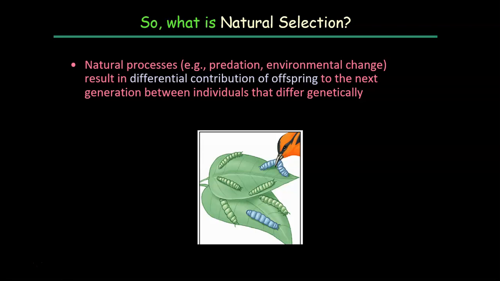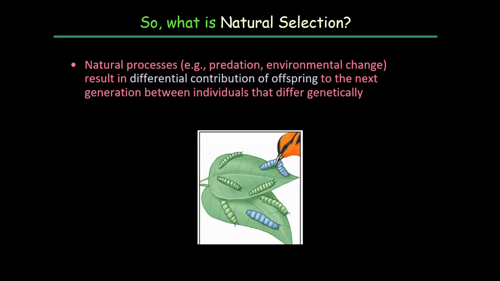Those plants that produce seeds that can survive in drier conditions, they're going to do better than others in the very same population, part of the same species, that don't have such seeds. And so the ones that have the seeds that can tolerate dry conditions, they're going to have differential contribution of offspring to the next generation. Okay. So far, so good, I hope.